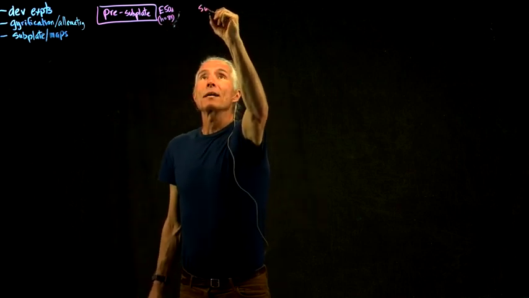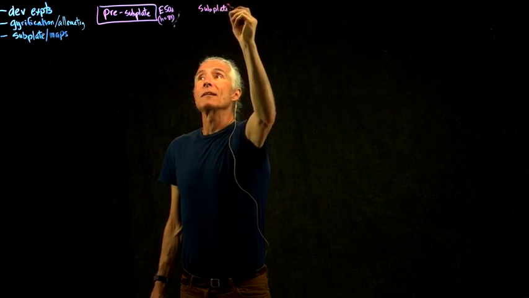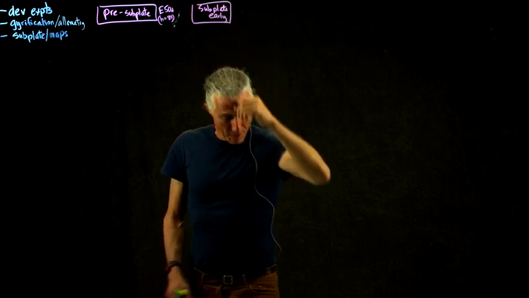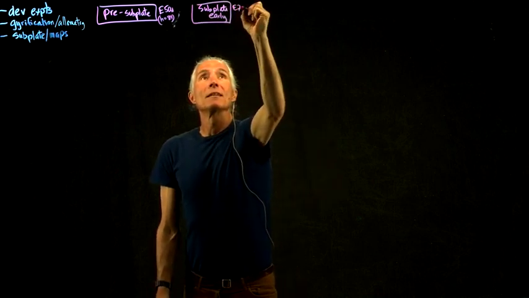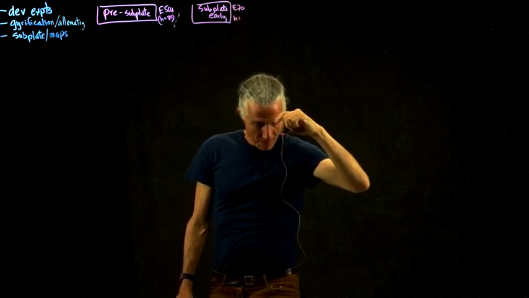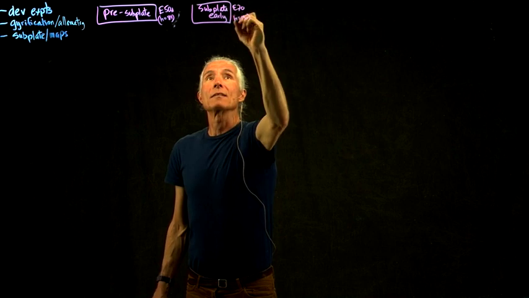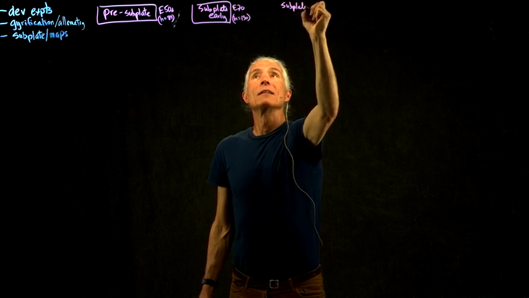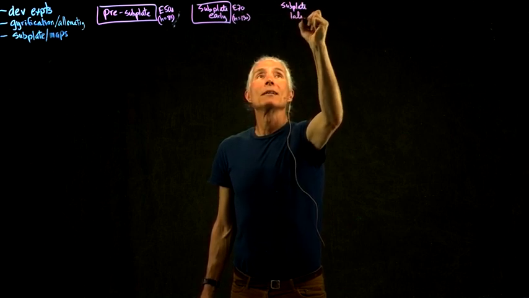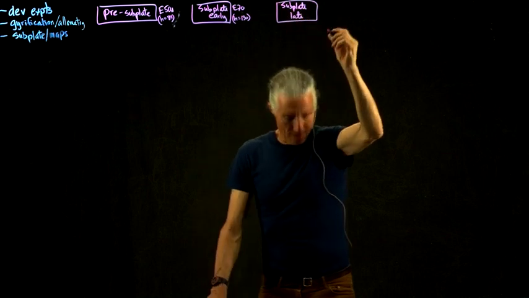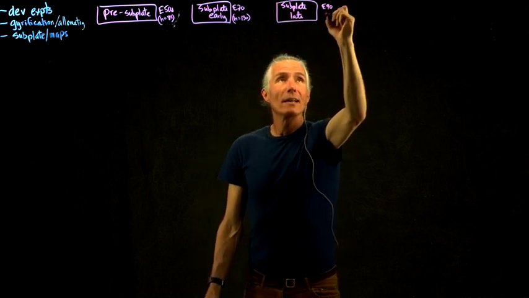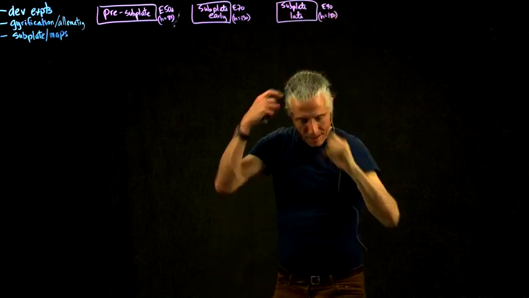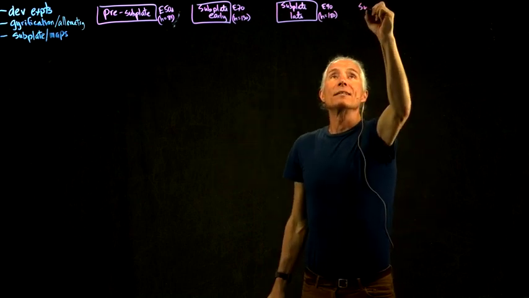And then now we have subplate early here, and that would be about 70 days, and in a human that equals about 130 days, because human gestation is slower. And then subplate late, that's 90 days, and a human equals about 180. And then subplate dissolution.